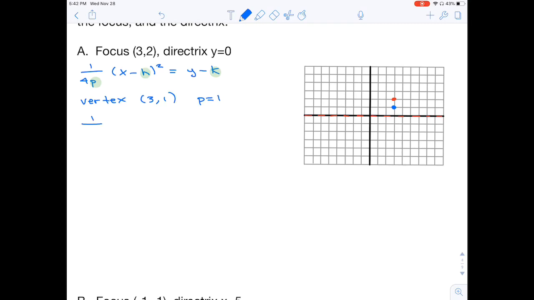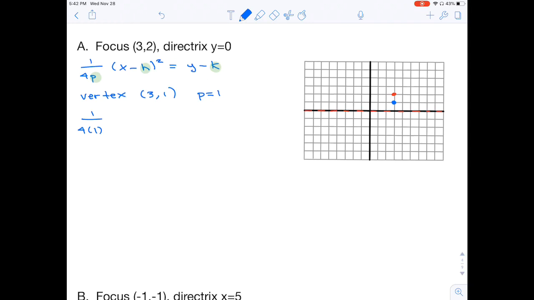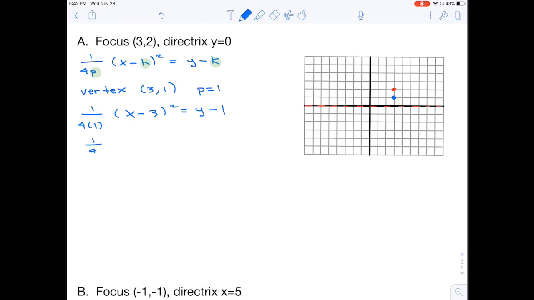So I get 1 over 4 times 1 times x minus 3 equals y minus 1, which cleans up to 1/4 x minus 3 squared equals y minus 1.